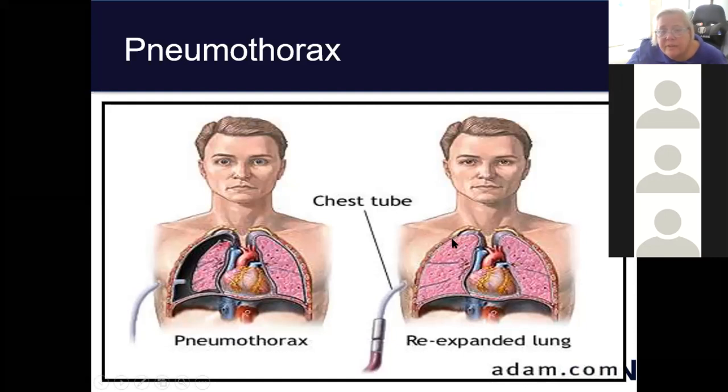And then hopefully the lung will stay inflated. Again, if it's recurrent, they'll do that pleurodesis thing like they did with the pleural effusion. So that's how we treat a pneumothorax.